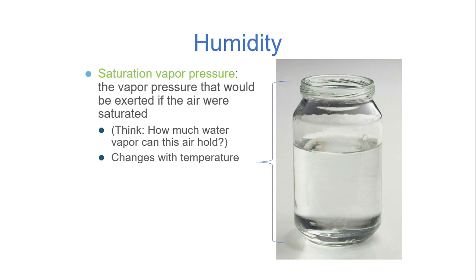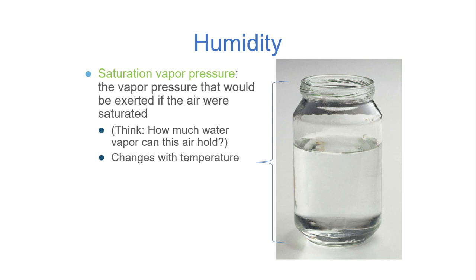Any more water you put in will then spill out. The atmosphere is just like that. You start putting water vapor into the air, and it will hold that water vapor until it reaches the saturation point, in which case it's going to have to start taking some of those water molecules, condensing them, and they'll just spill out of the atmosphere as rain, or precipitate.